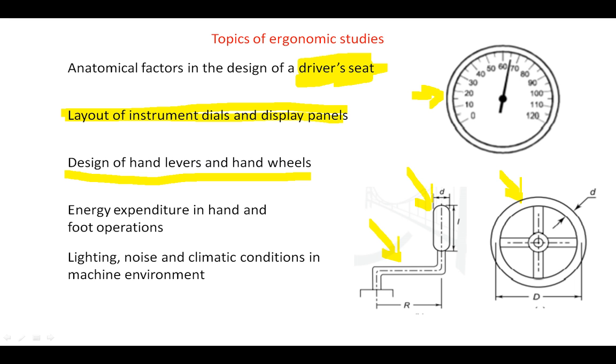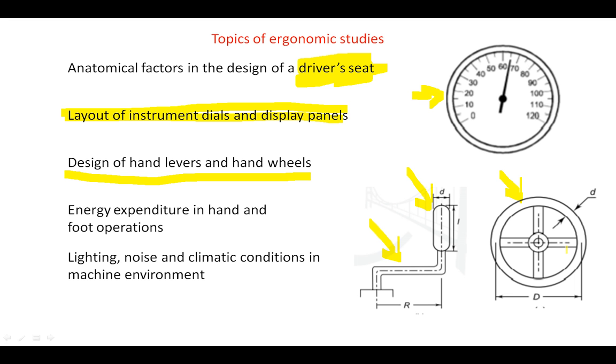Suppose we take the example of shifting a gear in a vehicle. If gear shifting takes too much force, then what will happen? After using that gear shift lever say 10 times, 20 times, the user will get tired. So we have to design such levers in such a manner that there is no stress to the user.